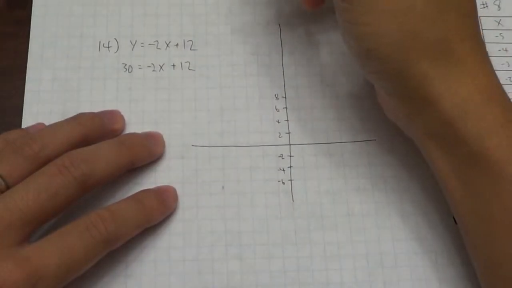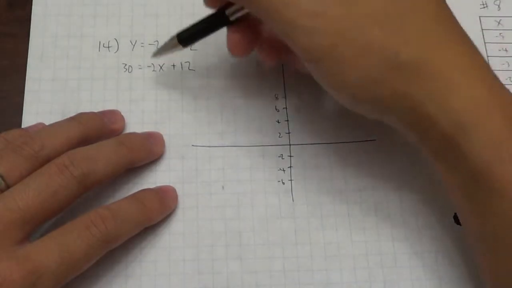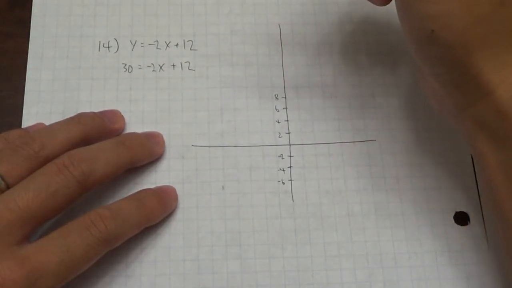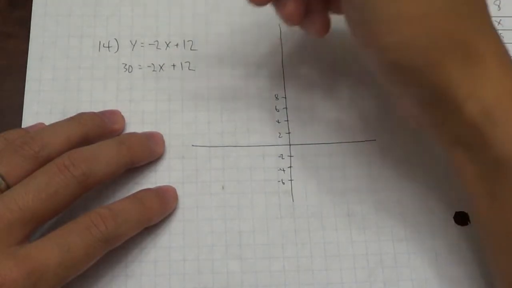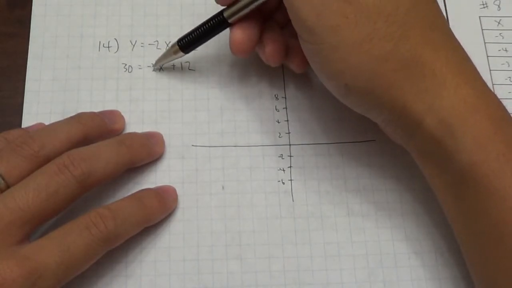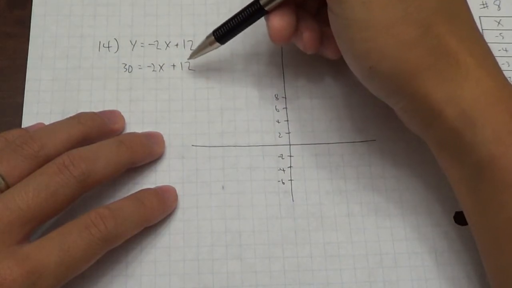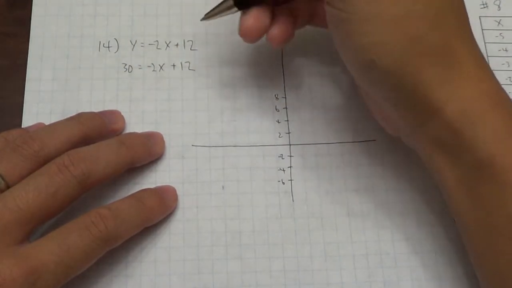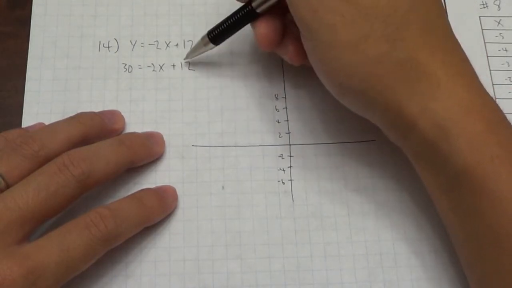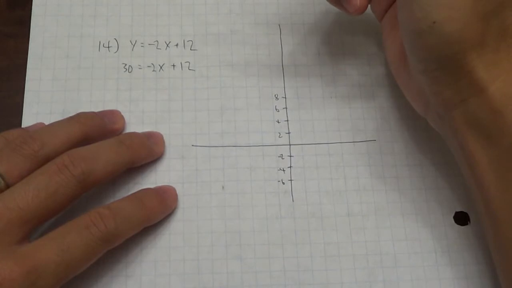Now this was from the previous chapter, solving a multi-step equation. First thing you want to determine is what is happening to x. X is being multiplied by -2 first, and then increased by 12. So if we were to solve, we're going backwards: we want to get rid of the increased by 12 first, then we can get rid of the multiplied by -2.